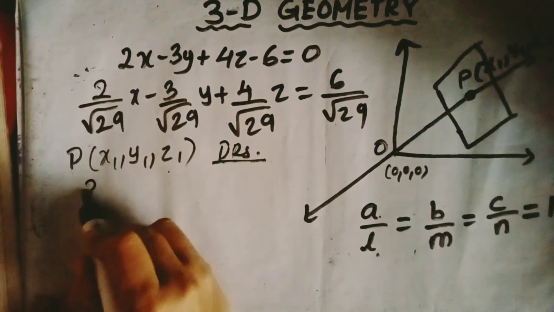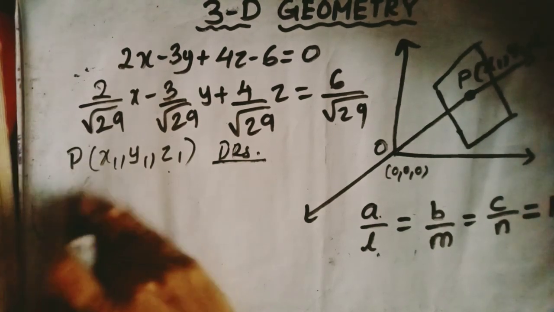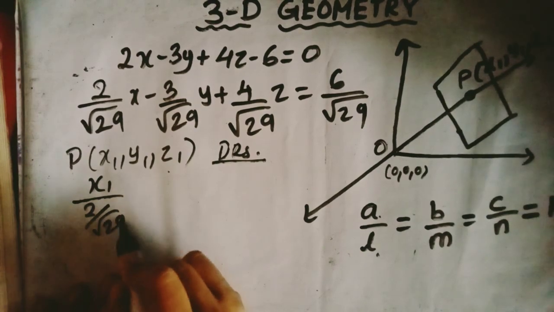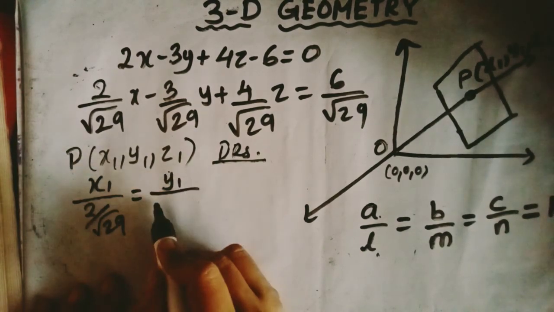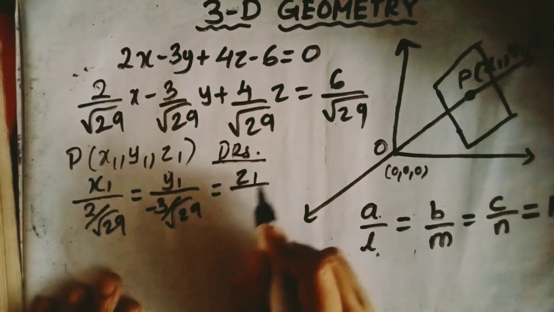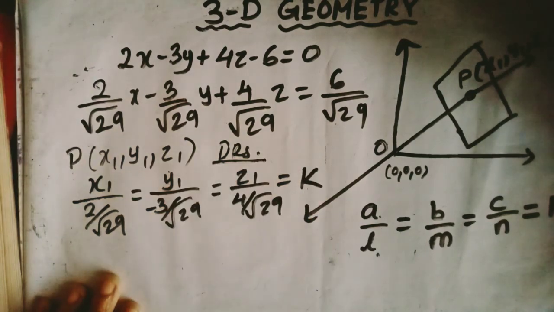So x1 upon 2 upon root 29, y1 upon minus 3 upon root 29, z1 upon 4 upon root 29 equal to some k.